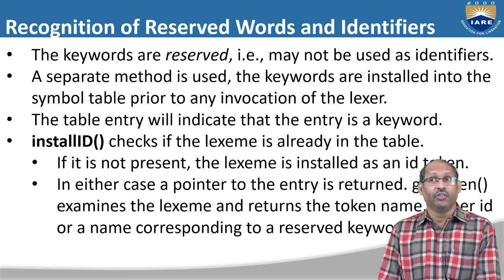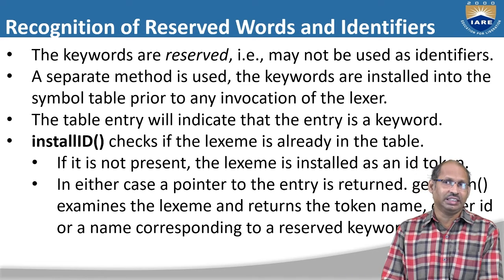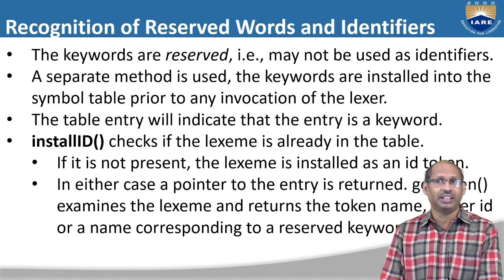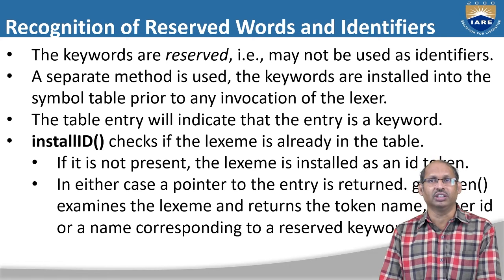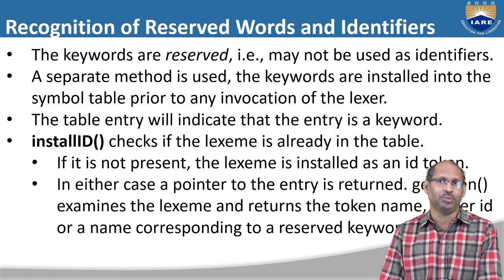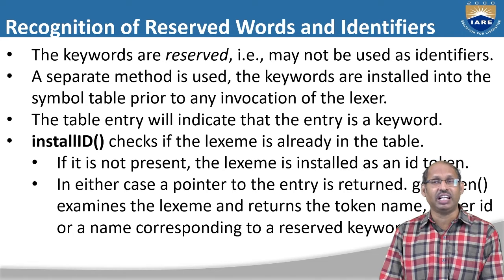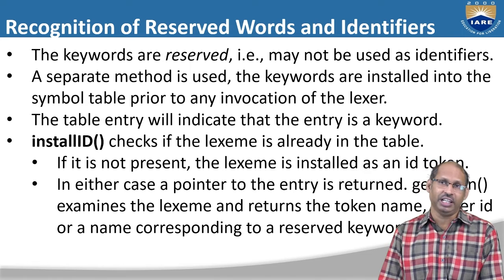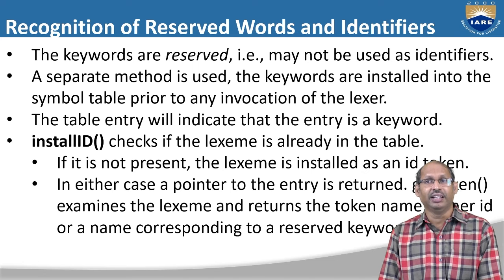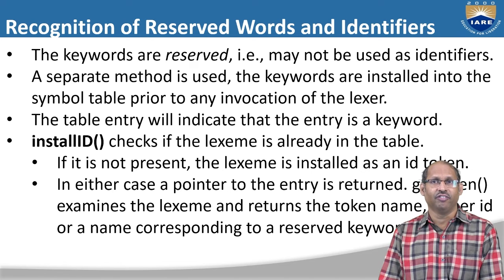Right? So one way is to use a transition diagram for each keyword. Otherwise, store all the keywords in the symbol table, so that whenever a new identifier is found, we check it against the symbol table. If it already matches an existing keyword, we ignore it. Otherwise, we simply save it in the symbol table.